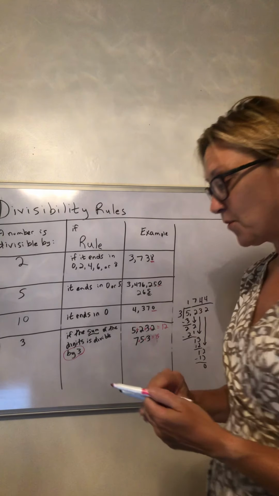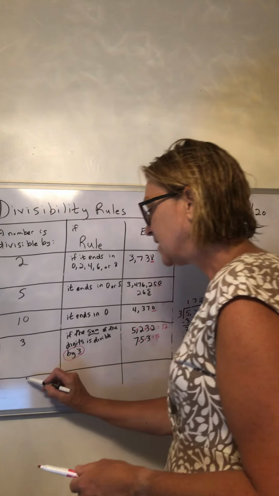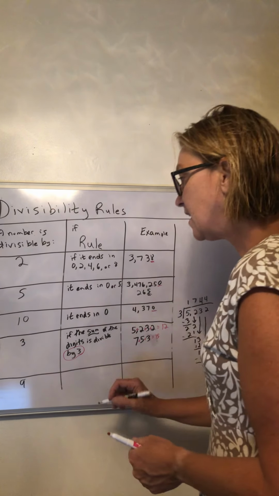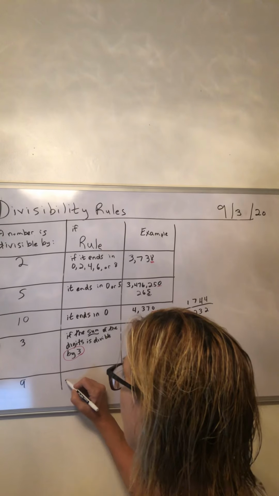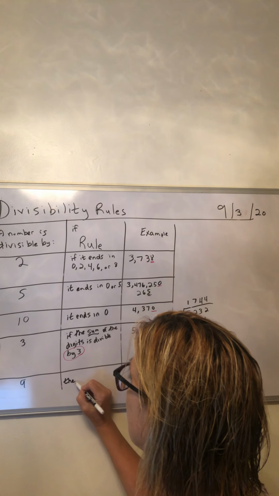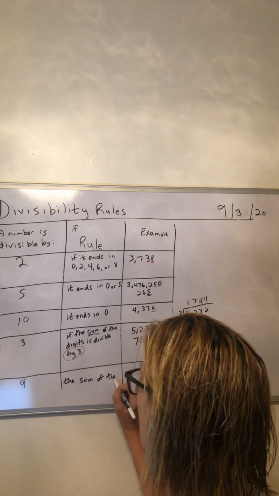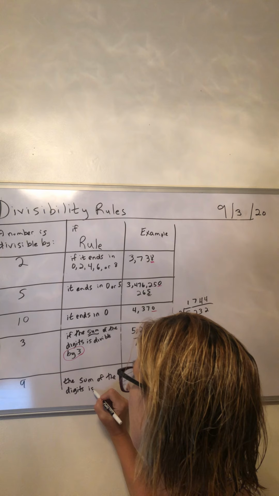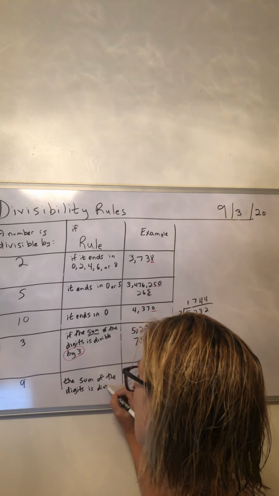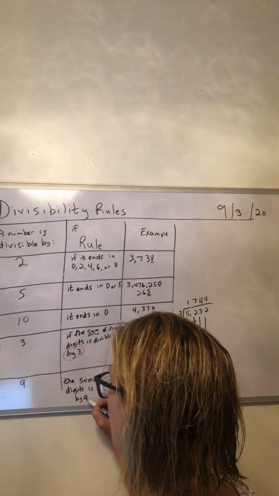We have another rule similar to that, and that's the rule for 9. And the rule says a number is divisible by 9 if the sum of the digits, just like the last one, is divisible by 9.